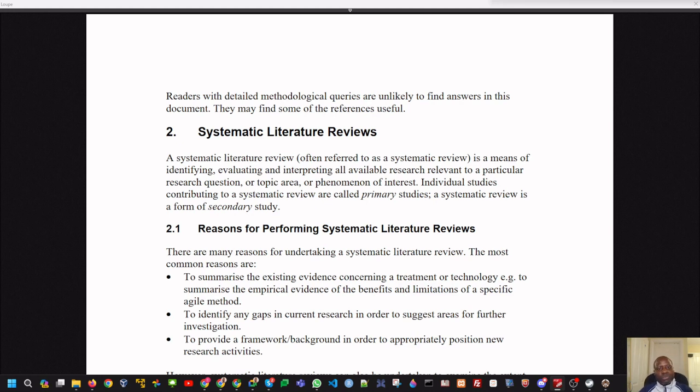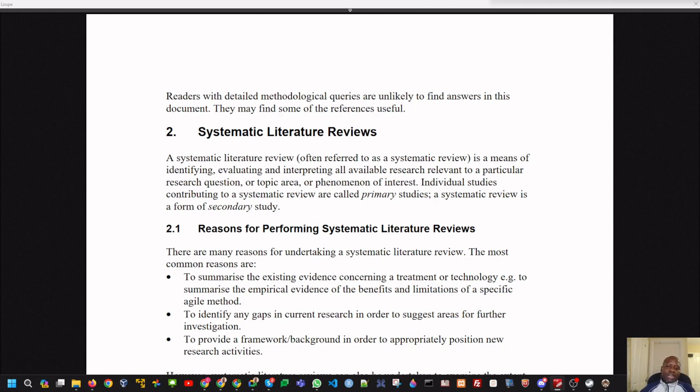So according to Kitchenham, a systematic literature review is sometimes referred to as a systemic review. Systemic review basically means the same thing. It is a means of identifying, evaluating, and interpreting all available research relevant to a particular research question or research topic or phenomenon of interest, right?